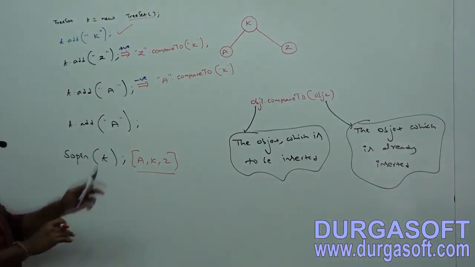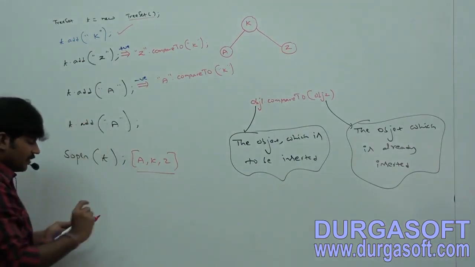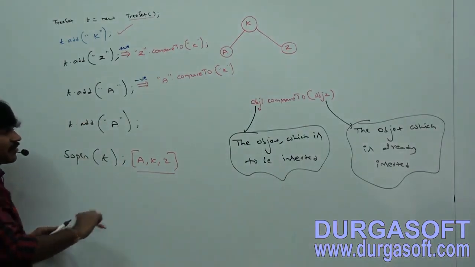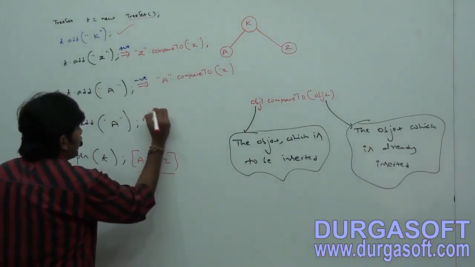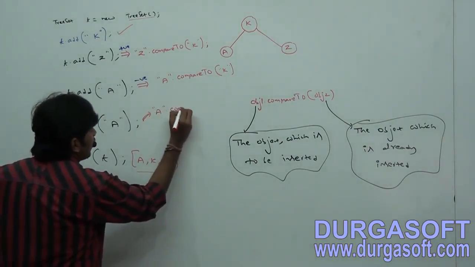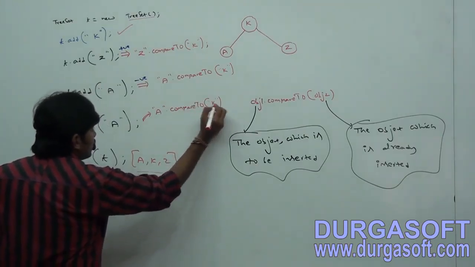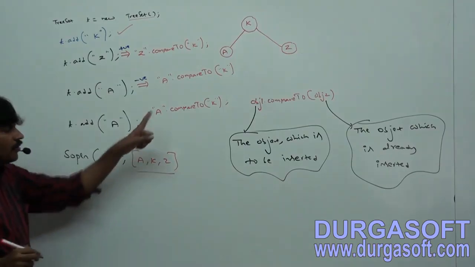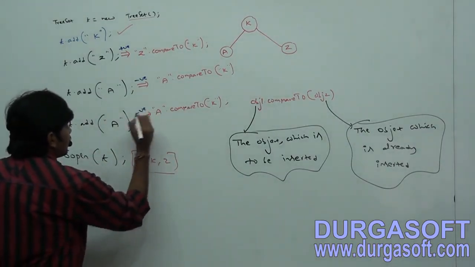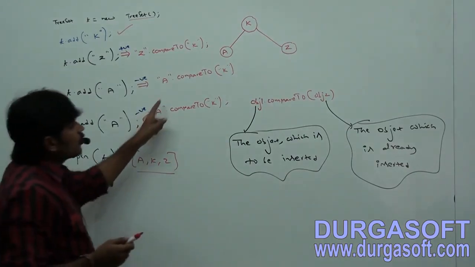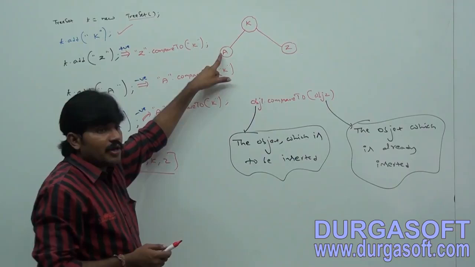Now observe the diagram. Next is t.add(A) again. Once again comparison must be required. A.compareTo(K), with K as the root element. A should come before K, so it returns negative. So I have to place A at the left, but at the left one more element is there.